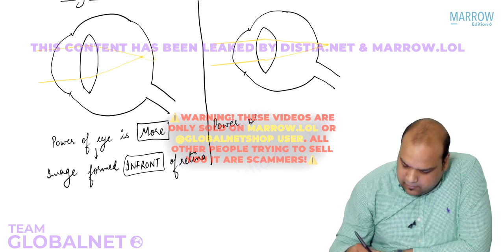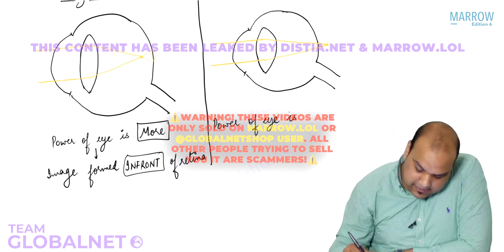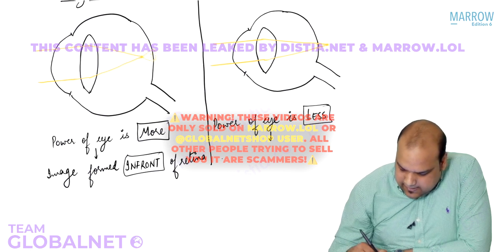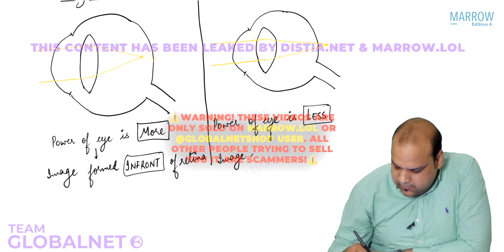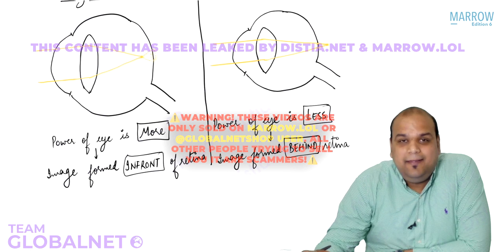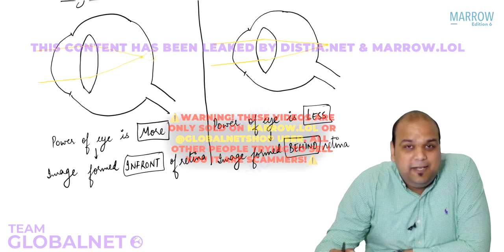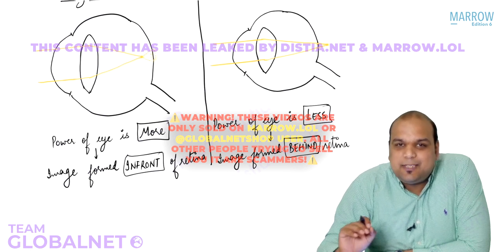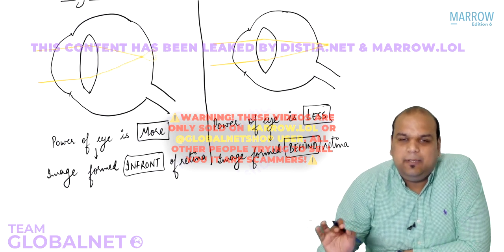Hypermetropia, power of eye is less, and that is why image is formed behind retina. Okay, nothing new, guys, just what has been explained to you through the example of Rahul. That's all that I have written here in simple language now.